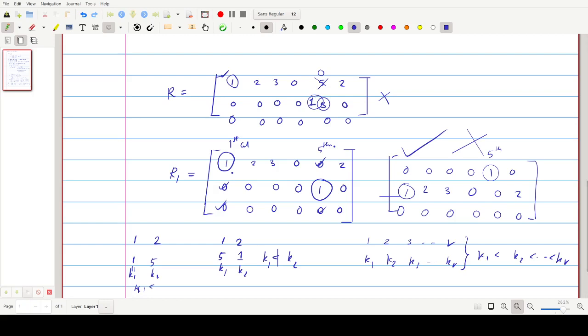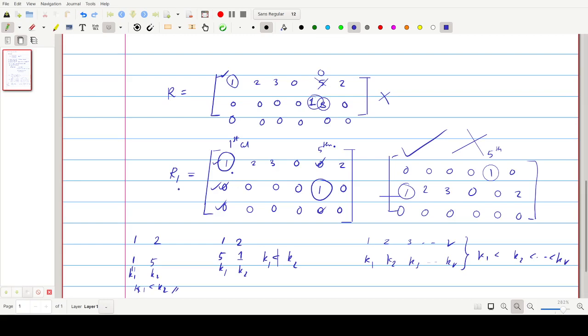So we have k1 less than k2 here, and in the next class we will prove that for a row reduced echelon matrix R1, the row space of R1 is obtained by the span of these rows, and that these two rows form a basis for the row space of R1.